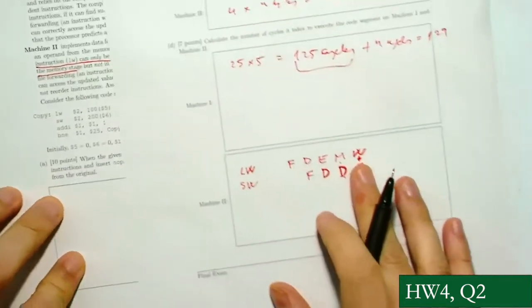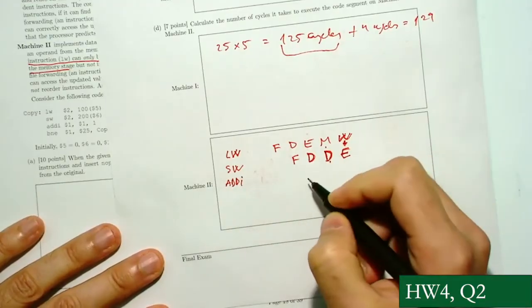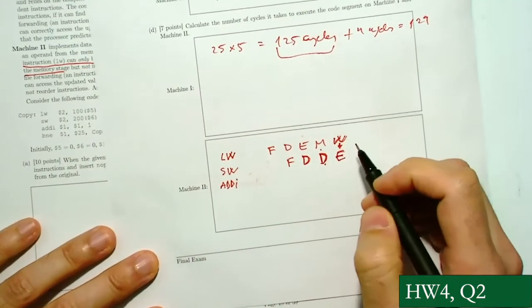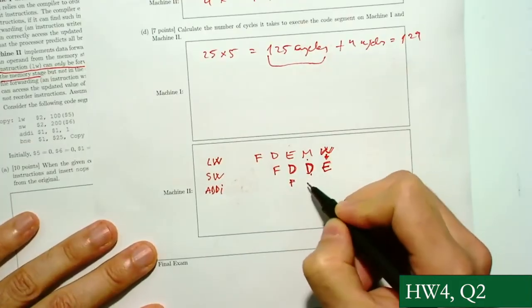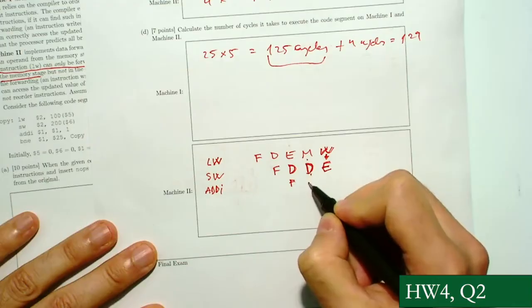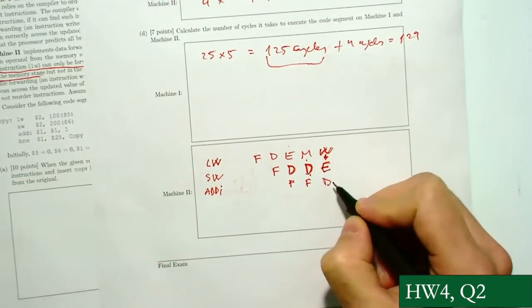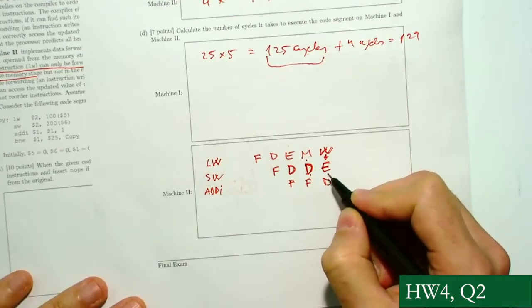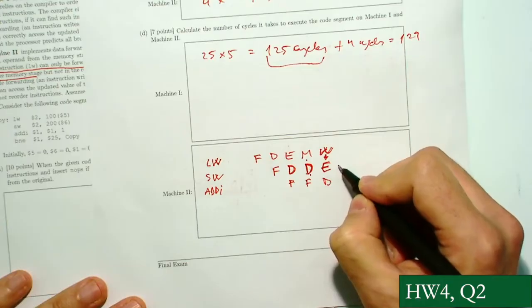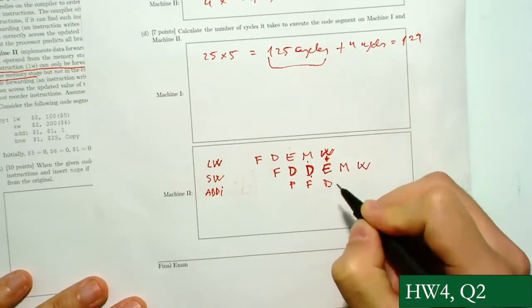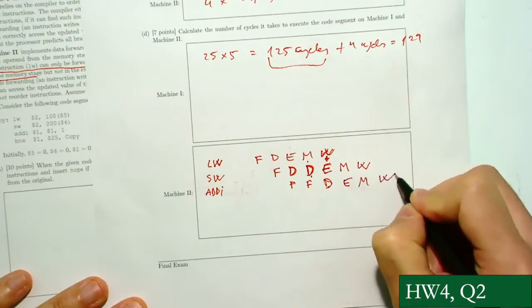So next instruction is addition. Basically, we fetch the addition. We have to wait because the decode stage is occupied. And then decode. Well, here I missed the other stages. Decode, execute, memory, write back.